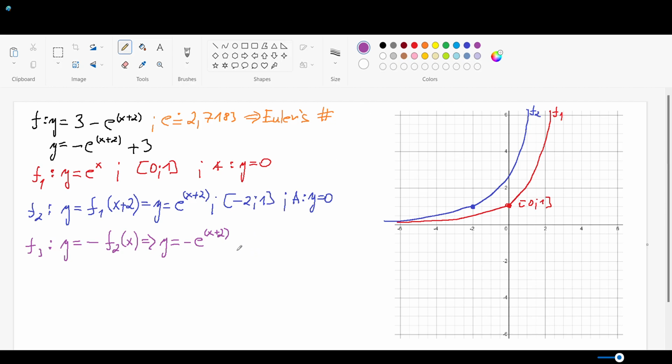So basically it means my function is flipped over the x-axis. For my anchor point, that x coordinate will remain the same, but my y coordinate will change and become negative.